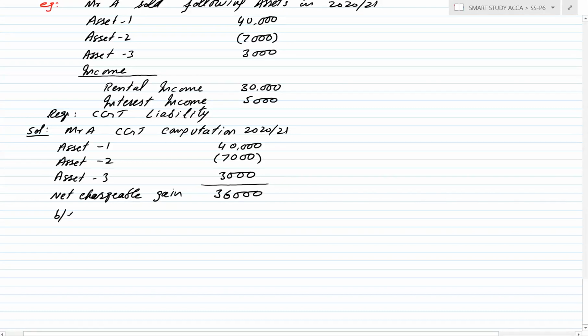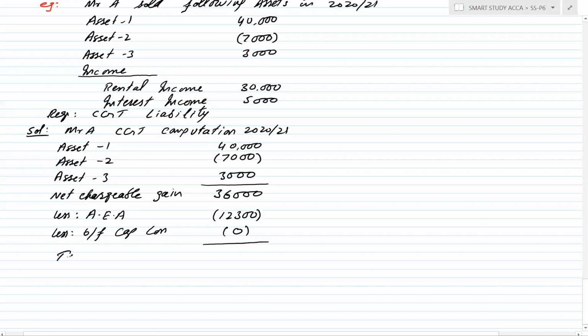Over here we will deduct the annual exempt amount, which is 12,300. Then I will deduct brought forward capital loss, which is 0.